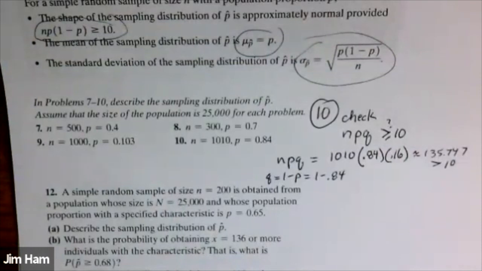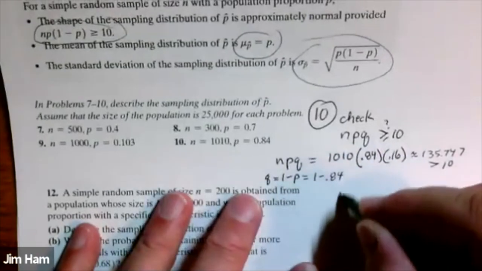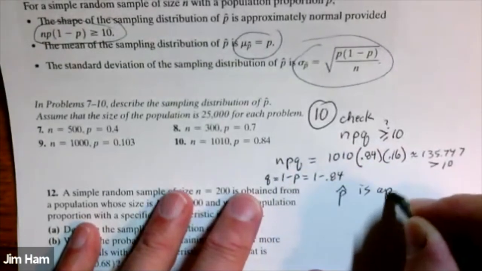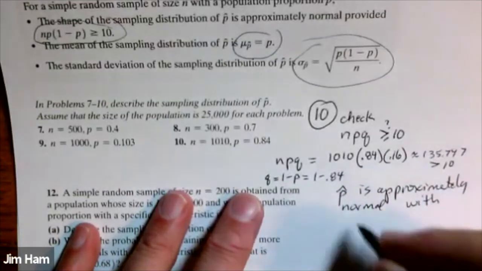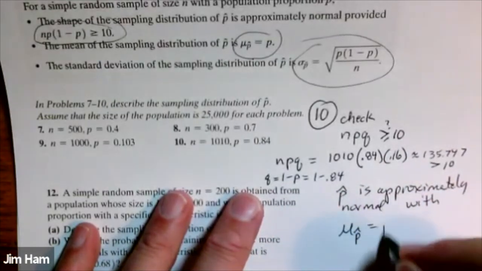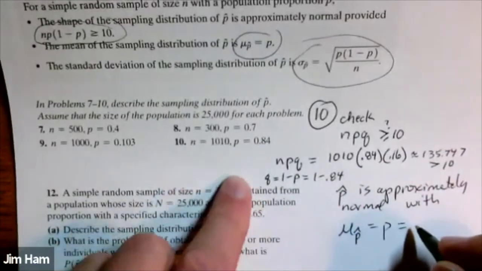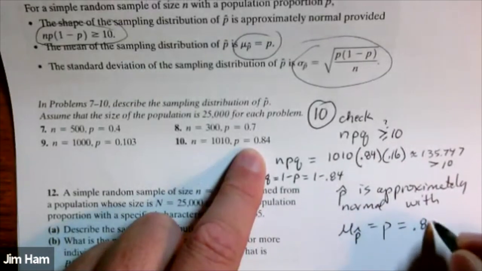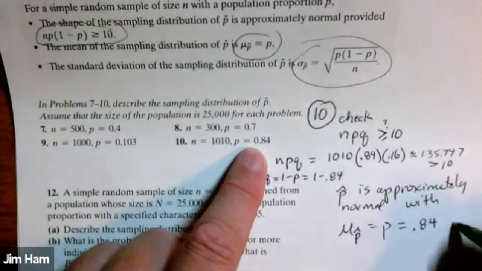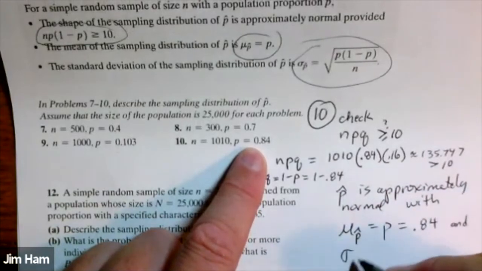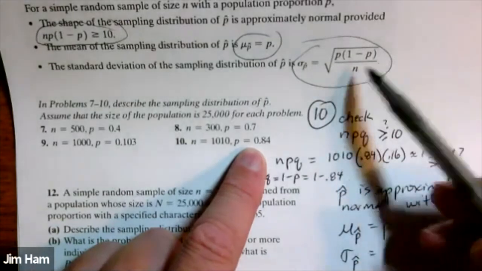And if n times p times q is larger than 10, then based on what we said before, we can conclude that p hat is approximately normal with the mean of the p hats equal to the population proportion, which in number 10 was given to us to be 0.84. We also know that the standard error of the sample proportion is given by this formula.